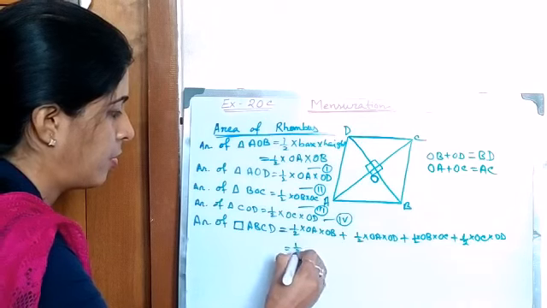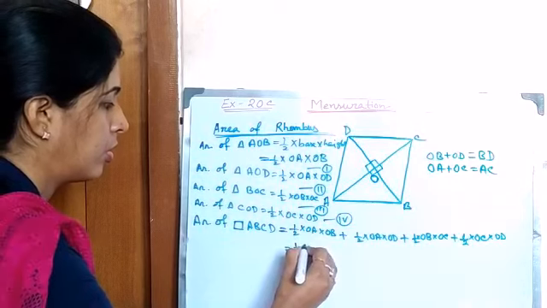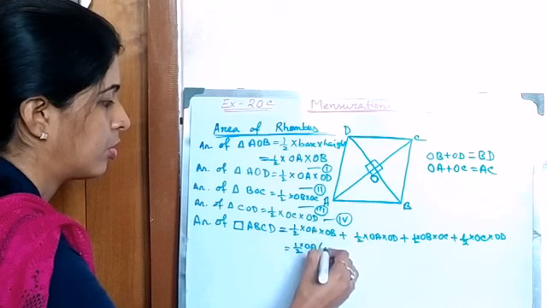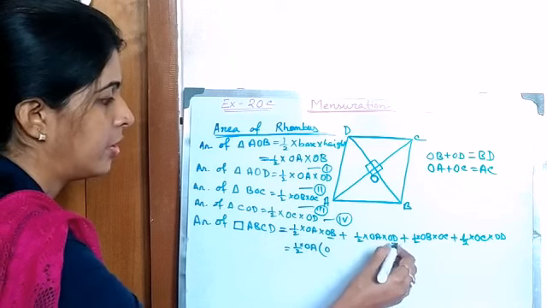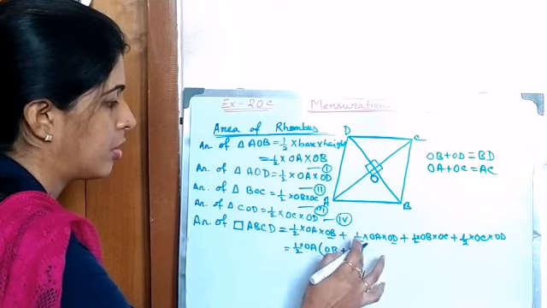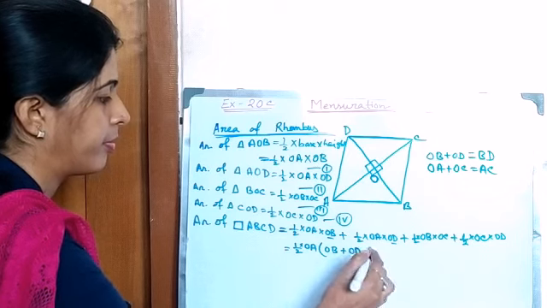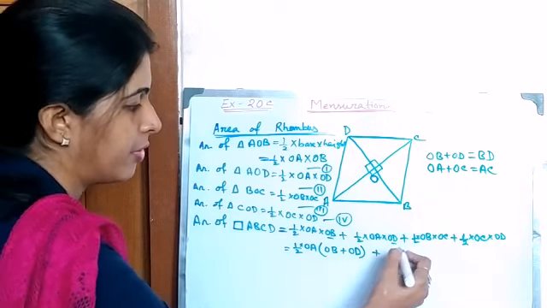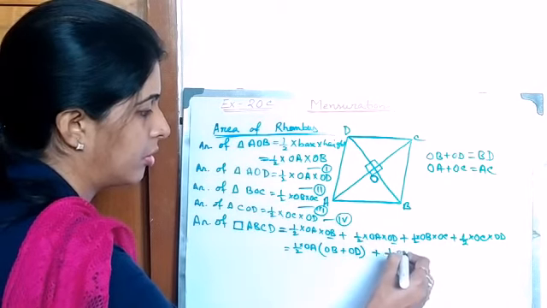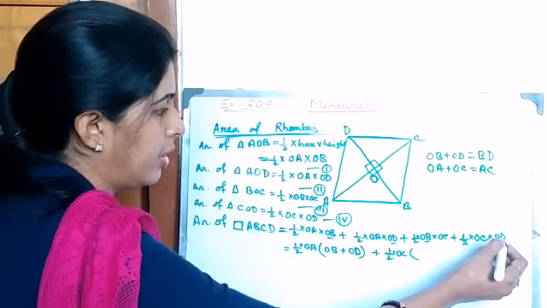Now I take half into OA common from here. What is left is OB plus OD. Then from here I take half into OC common, and what is left is OB plus OD.